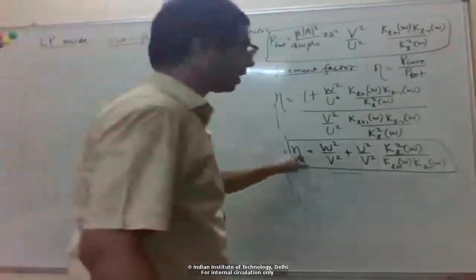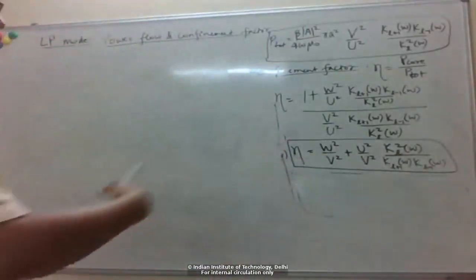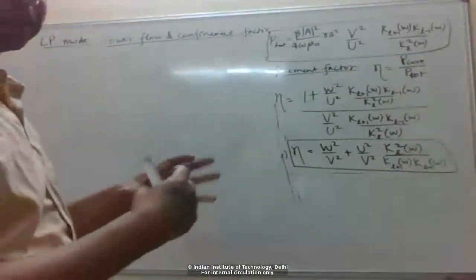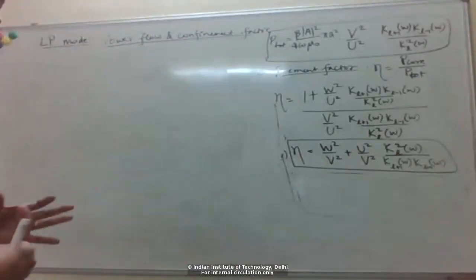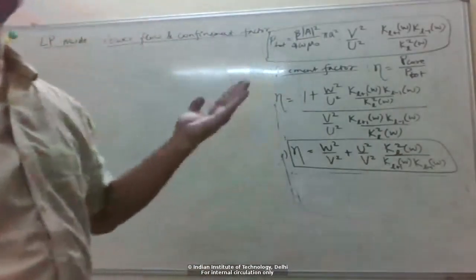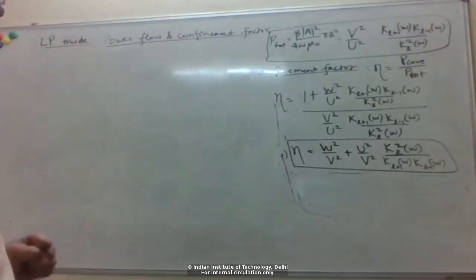So they have higher confinement factor for the same V number. And if you take one particular mode, as you increase V number, that's equivalent to increasing the size of the fiber at a particular wavelength. You'll see that with increasing V number, of course, the confinement factor also increases. The mode is more confined in the core.